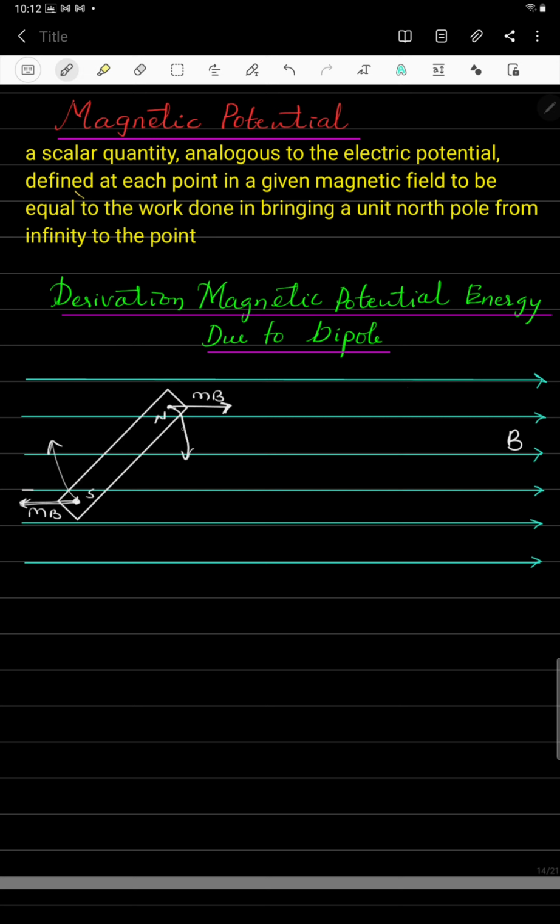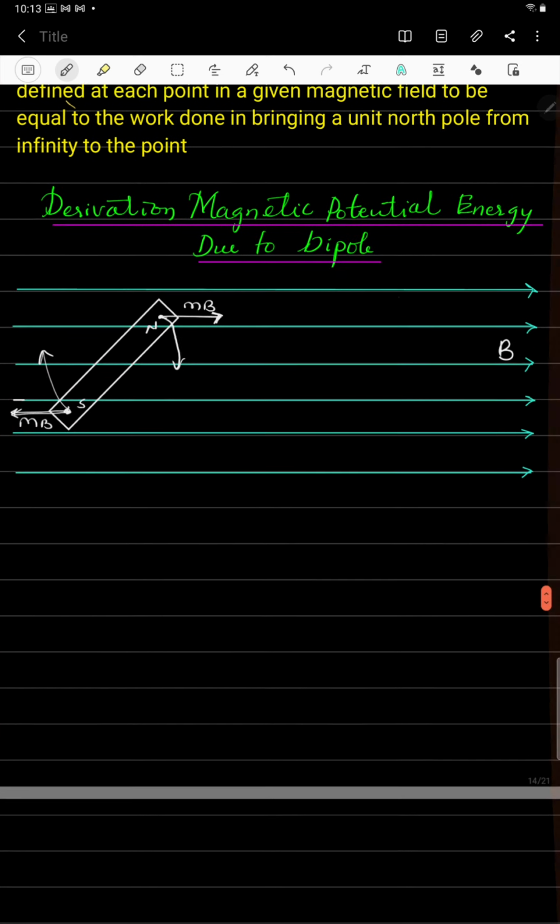So here, if I am going to move this magnet with rotational motion, what will happen? Let us take one situation of this magnet.